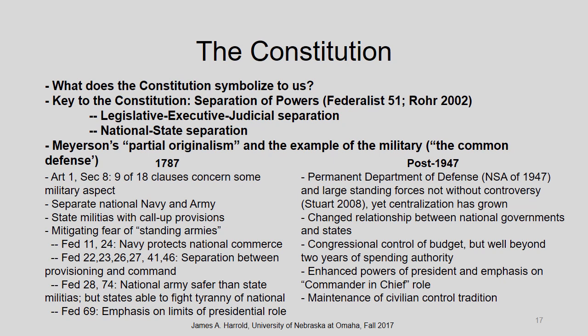And then in Federalist 69, there is an emphasis on the limits of the presidential role. In fact, the way the Constitution is written, Congress was really supposed to be supreme over the military, and the president was only supposed to be commander in chief during times of war. We've sort of reversed that, right? We routinely call the president the commander in chief, even when we're not talking about the military.